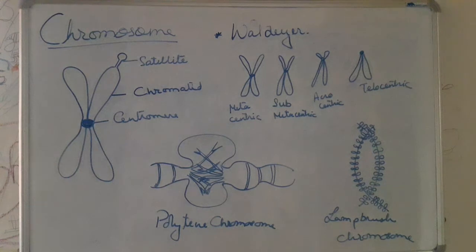Now here the chromatids bear a large number of chromomeres which give out loop-like structures, and due to this the chromosome appears like a lamp brush, the brush with the help of which we clean the lamp, or the test tube. That's why the name lampbrush chromosome was given.